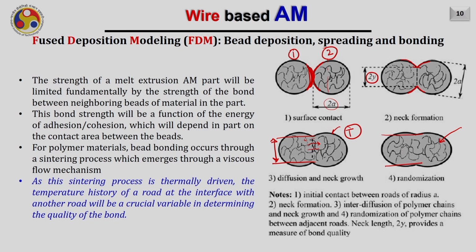Because due to the ambient condition, it may happen that your heat transfer rate is very high, and immediately when you deposit the material, the bead reaches the ambient temperature very fast, and in that case your neck formation or this process of sintering may not happen appropriately.